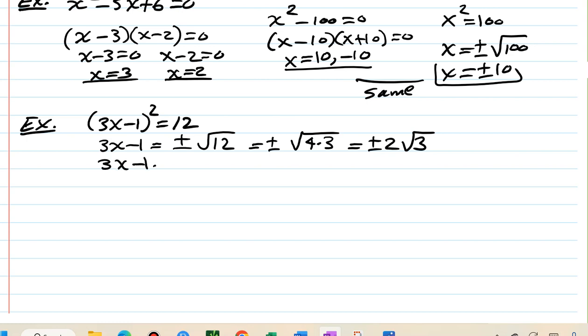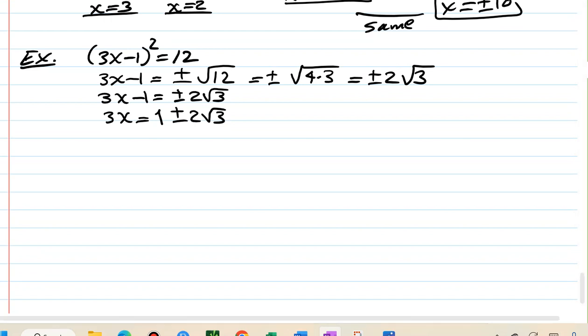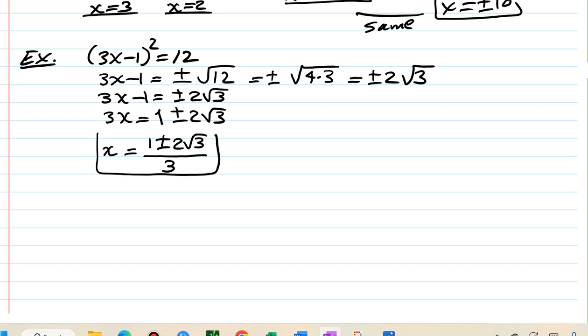So we have 3x minus 1 equals plus or minus 2 root 3. Add 1 to both sides: 3x equals 1 plus or minus 2 root 3. And finally divide both sides by 3. That's going to be x equals 1 plus or minus 2 root 3, all divided by 3. And there we have our two solutions.